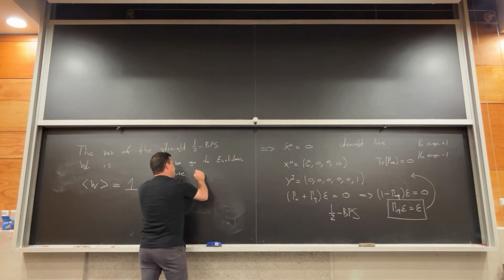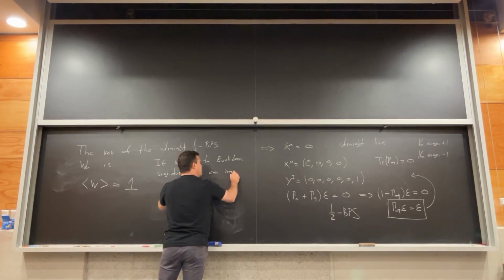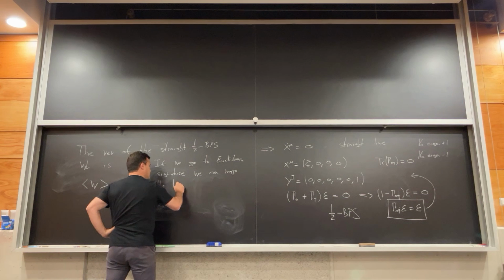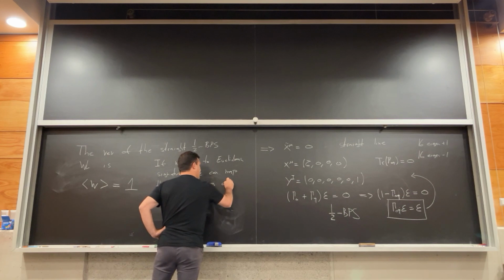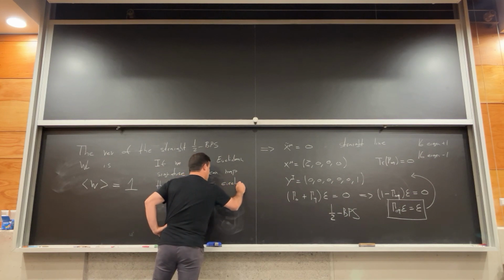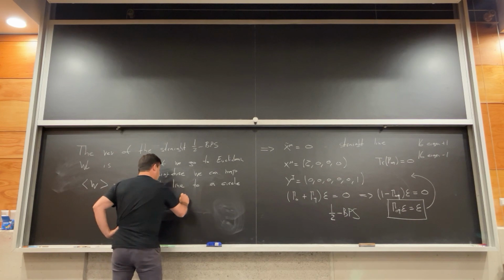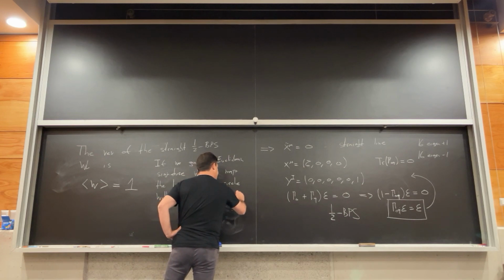In this case, we can map the straight line to a circle with a conformal transformation.